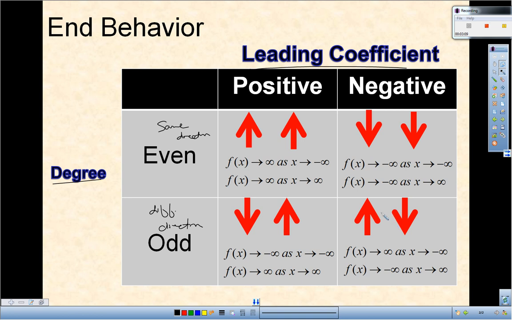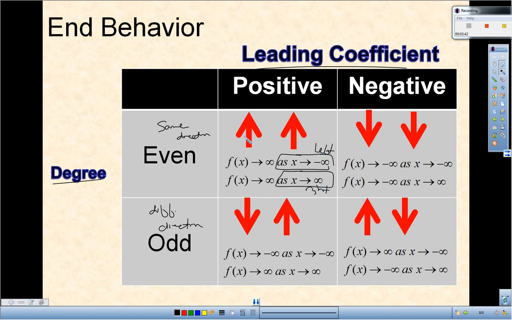Now, the notation at the bottom is how we write it without using the symbols. So, for example, what this represents right here is as x approaches negative infinity. Remember, x is the domain. Domain means left and right. So, if this says x goes to negative infinity, this means to the left, and then as x goes to positive infinity, that means to the right.